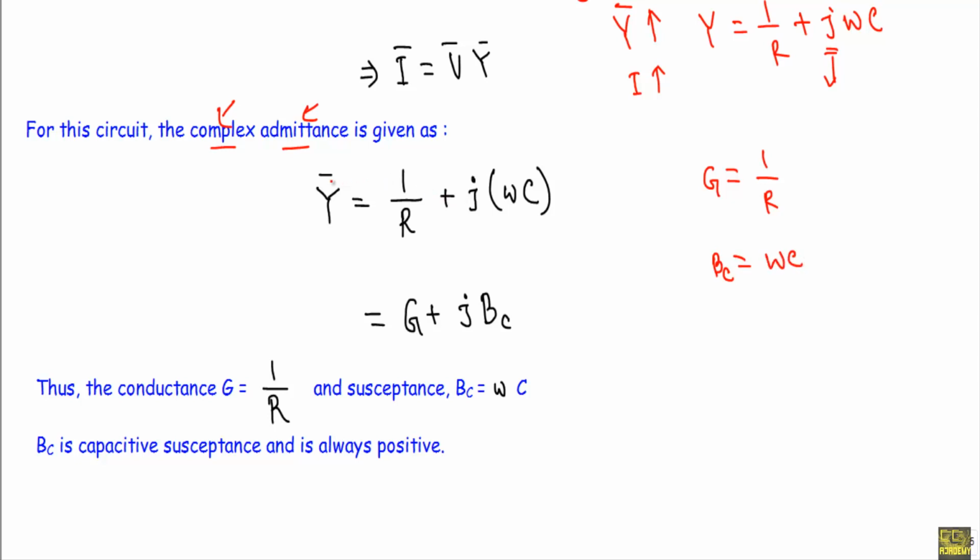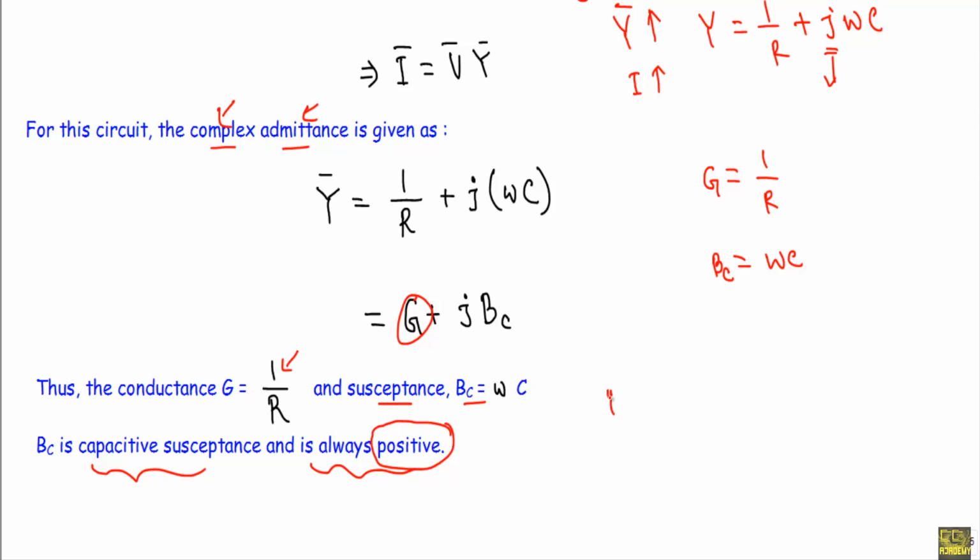So we can write down the admittance of this RC parallel circuit equal to G plus J BC, where BC will indicate the capacitive susceptance. And in case of RC parallel circuit, the capacitive susceptance will always be positive. Just remember this, capacitive susceptance will be always positive, and G will be the conductance of the circuit, and that will be the reciprocal of the resistance, and the susceptance is BC equal to omega c.